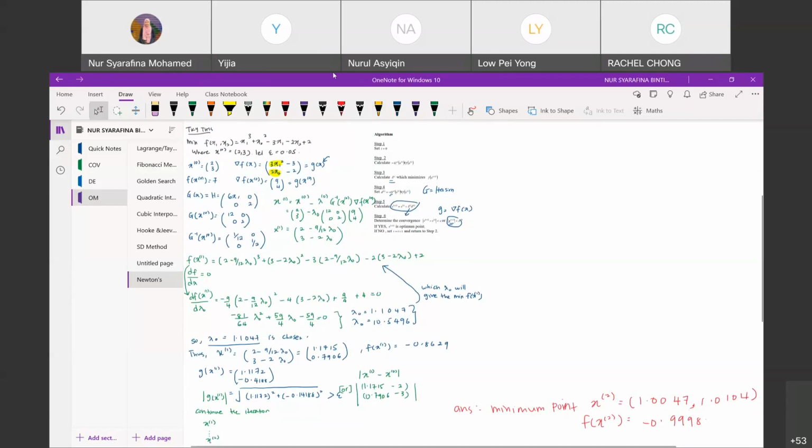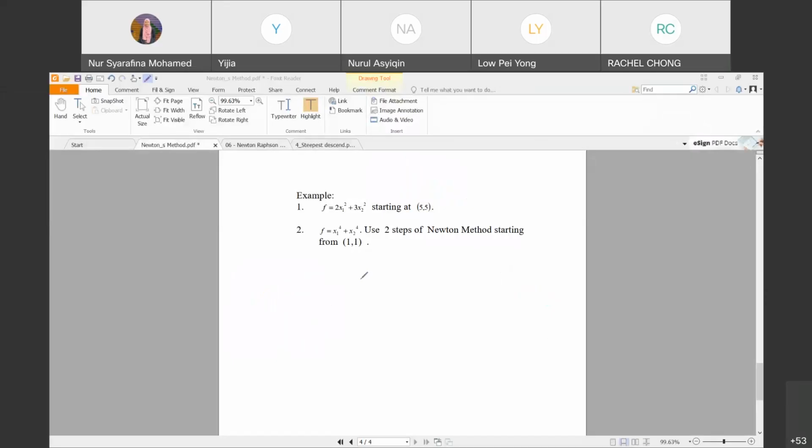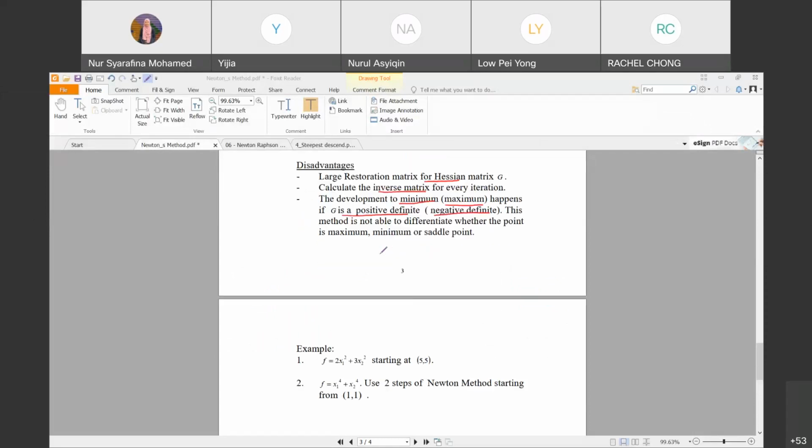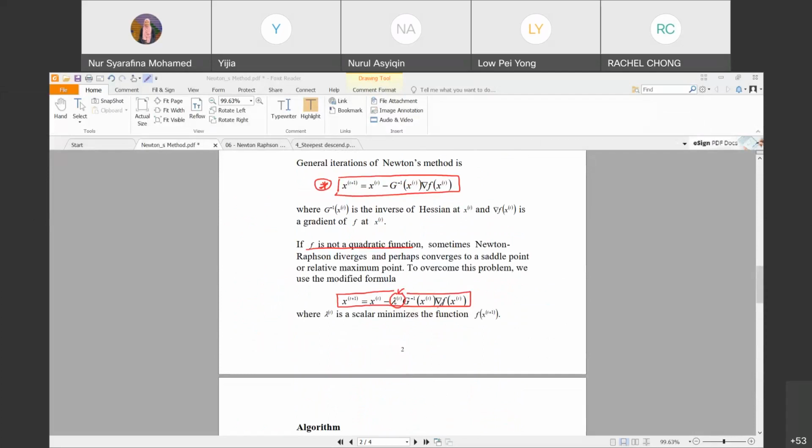Okay, this one you can try. This is a quadratic function. So for non-quadratic, it is better for you to use the iterative formula involving lambda here.